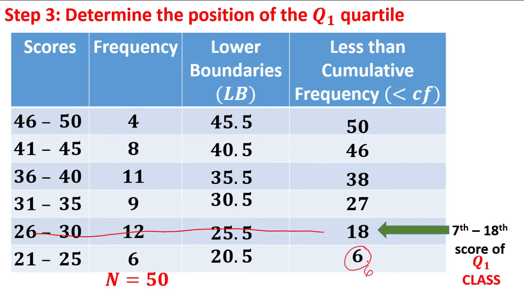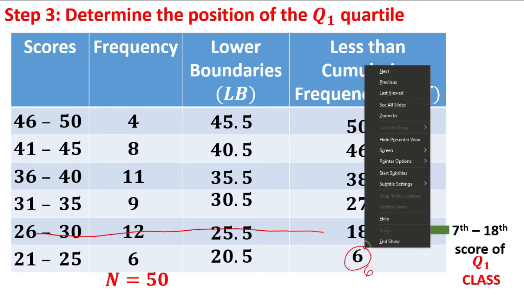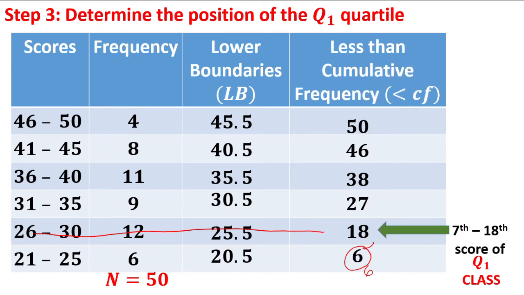They are not written here. They are here, higher up. Okay? So, that interval is already covered by 18. So, this includes 7, 8, 9, 10, 11, 12, 13, 14, 15, 16, 17. Those scores are already covered by 18.